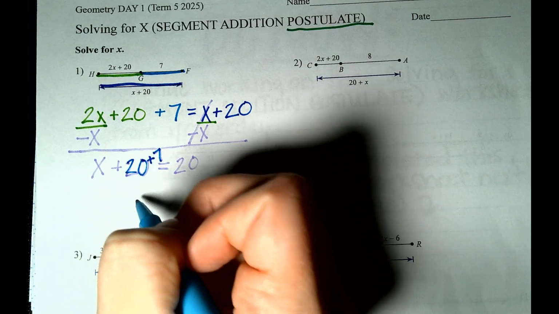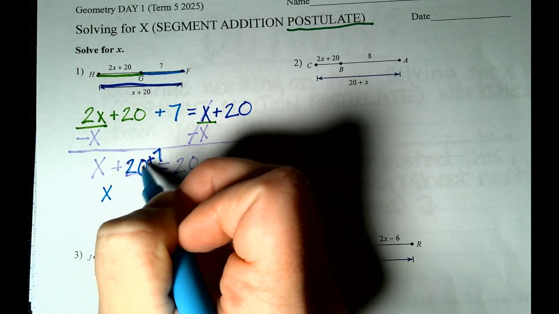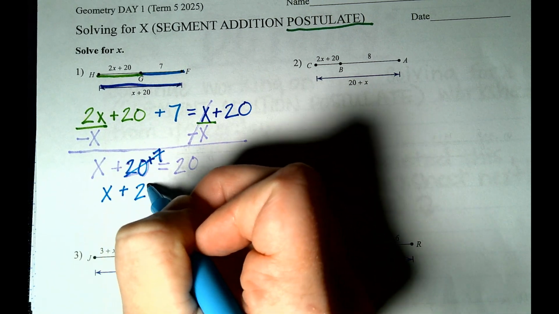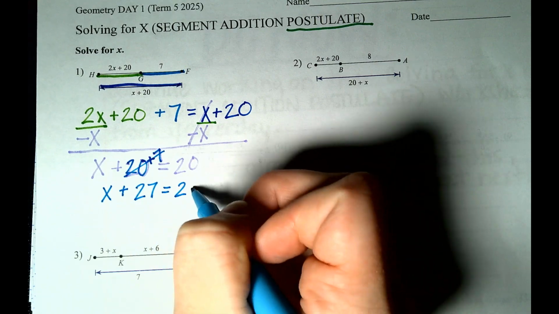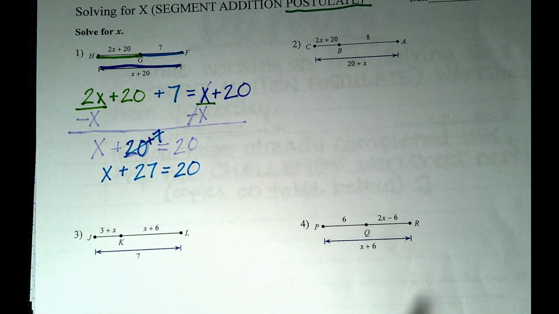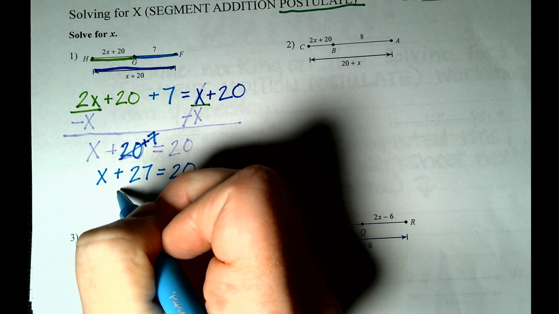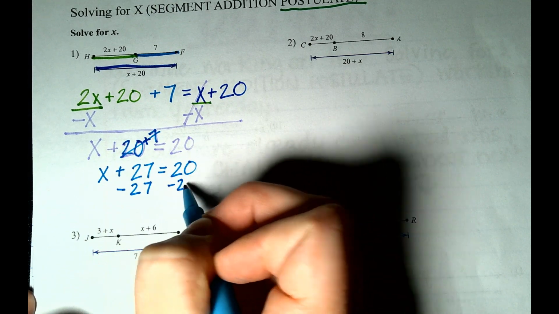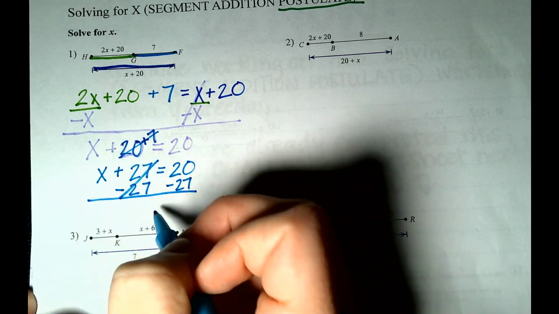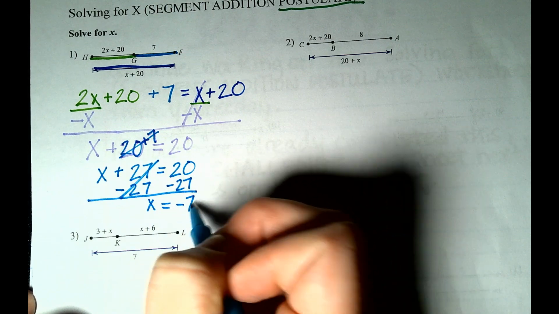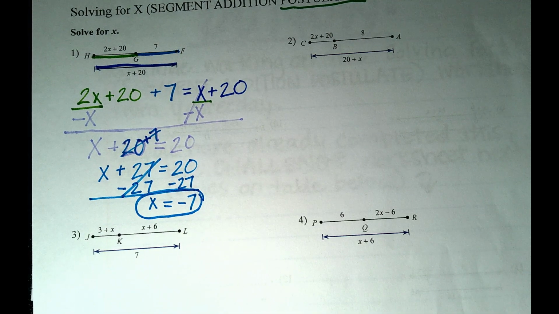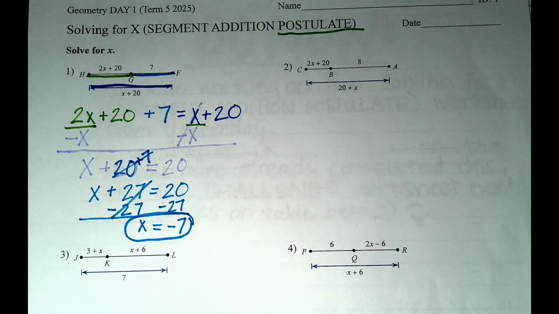Okay, so 20 plus 7 gives me what? 27. So I'm going to bring that down. x plus 27 equals 20. What would my last step be? Good. We're going to subtract 27 from both sides, and we'll get x equals negative 7. That was number 1, and we did go over that one yesterday, but that's just a refresher.